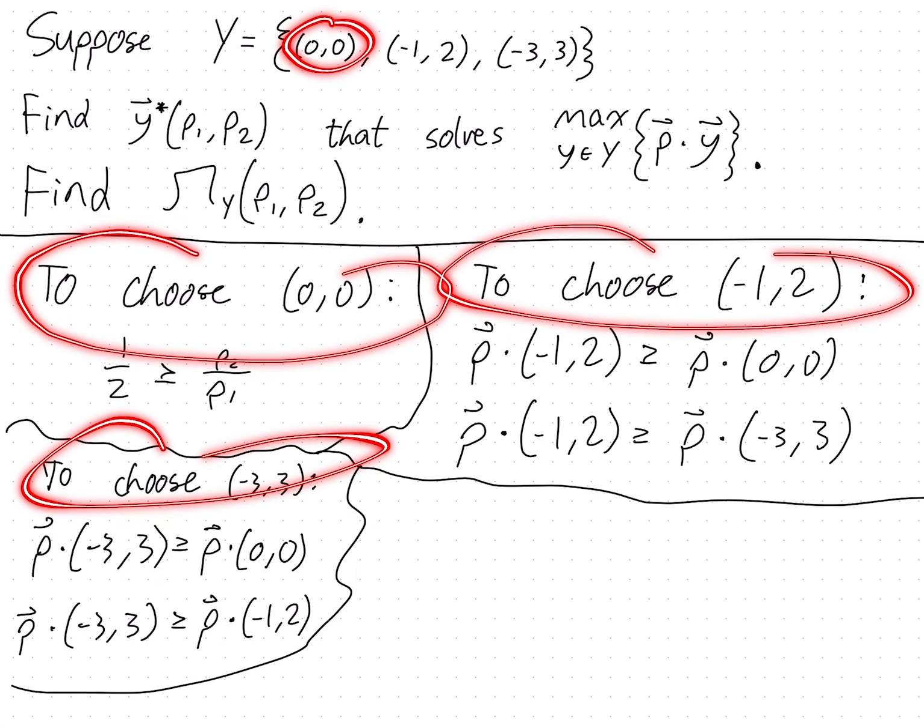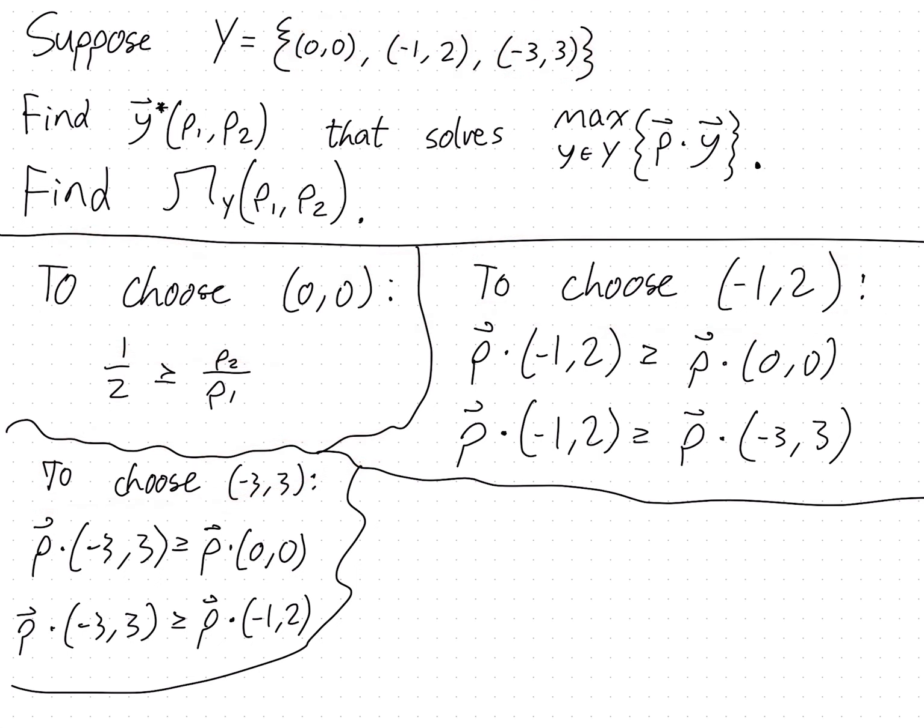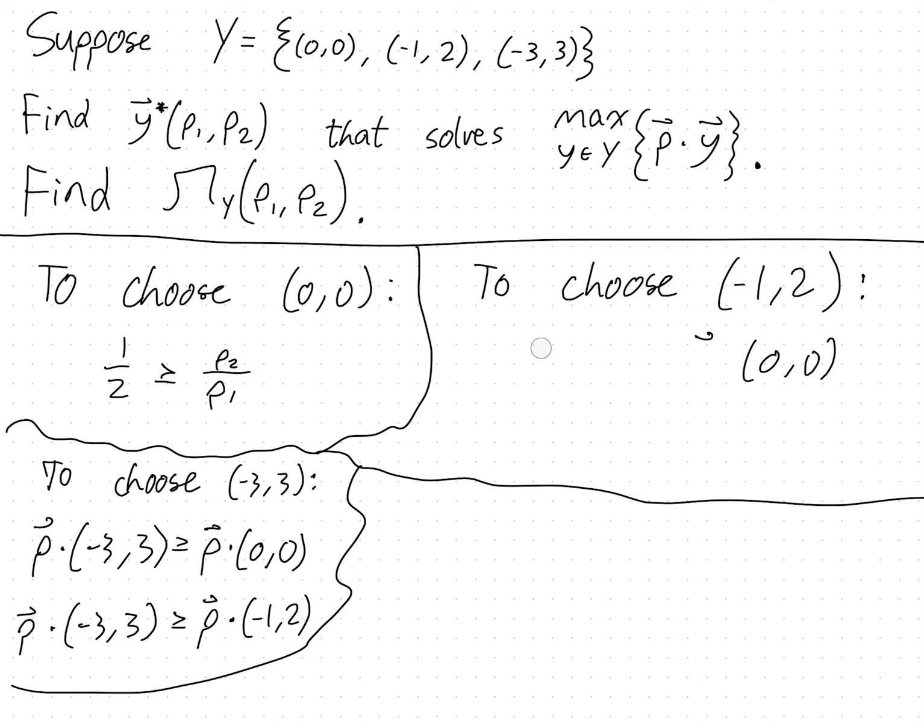So these are the three cases. We could pick 0, 0, negative 1, 2, or negative 3, 3, and this describes when we would choose each of them. Now, for the purposes of time, I'm going to skip over the algebra on this part, and I'm going to show you what the end result is when you evaluate these dot products and do some algebra on the inequalities.